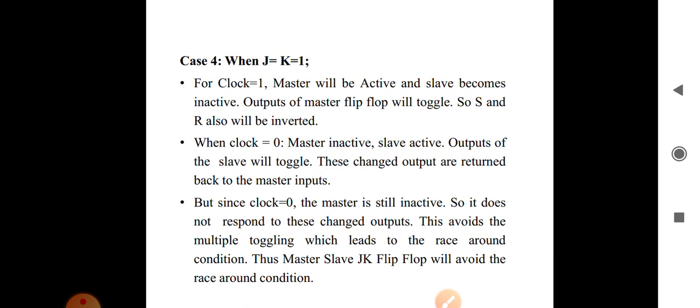The output of the slave will start to toggle. This changed output is returned back to the master inputs. But since clock is equal to 0, master is inactive, so it does not respond to the changed outputs. This avoids the multiple toggling which leads to the race around condition. Thus, master slave flip-flop will avoid race around condition.